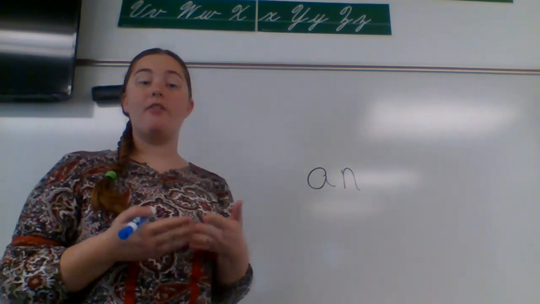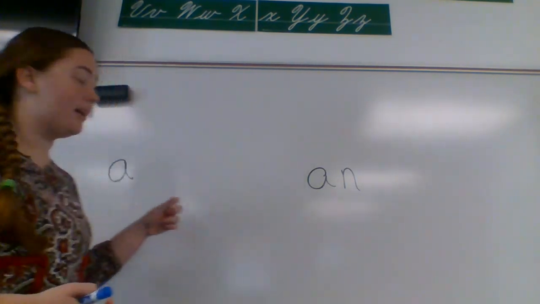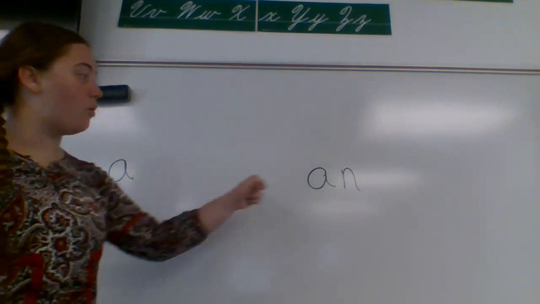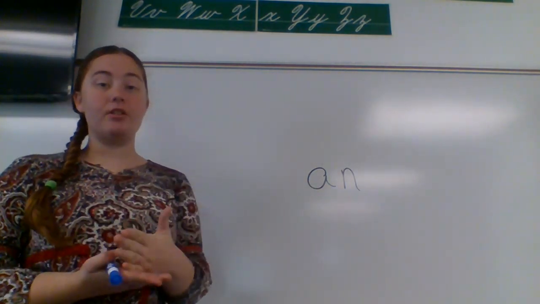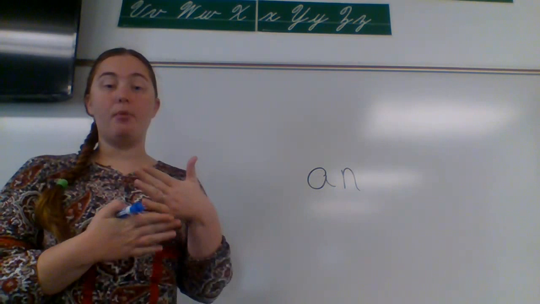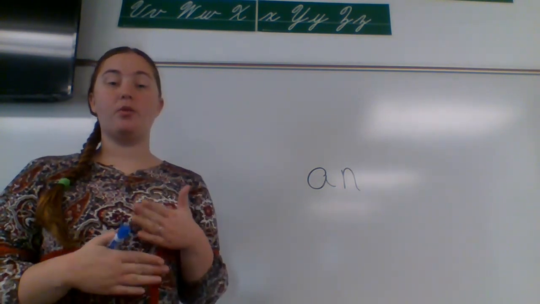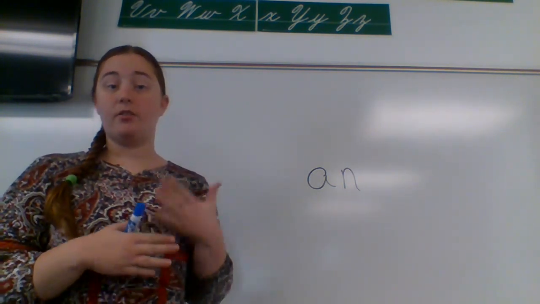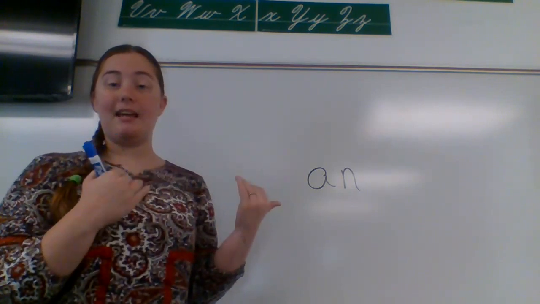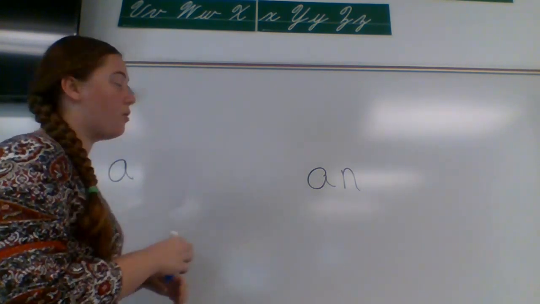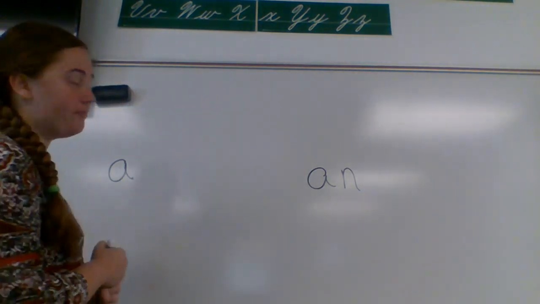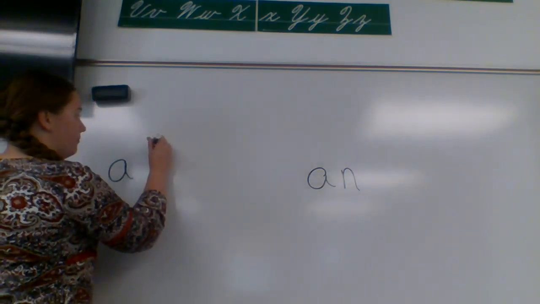Okay, so if I have the word person, am I going to say a person or an person? Think of that first sound in person. Person starts with what letter? Right, it starts with P, and P is a consonant. So I will say a person.